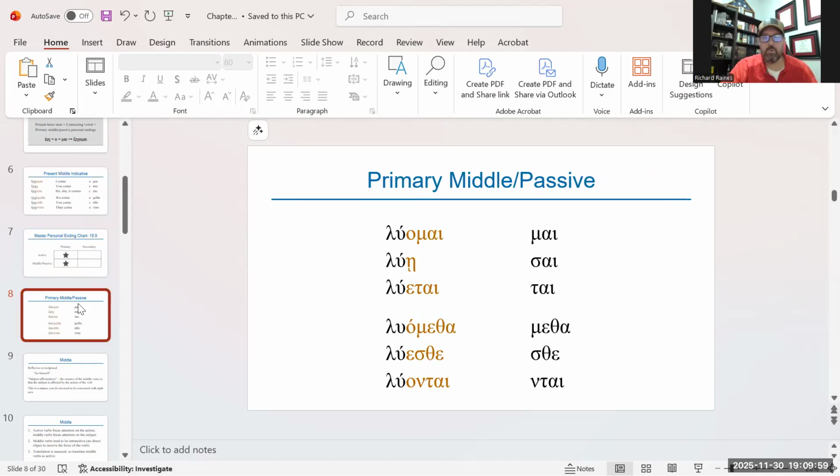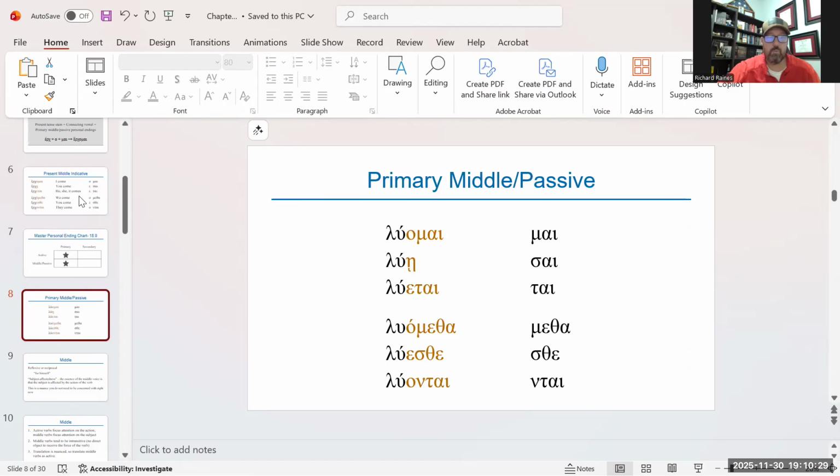Here's what I was talking about earlier with luomai. So luo, I loose, present active indicative, first person singular from luo, right? The lexical form is luo. So here's luo, which you learned as present active indicative, appearing in the present, middle or passive. Luomai, lueai, lbuetai, luometha, luesthe, luontai.